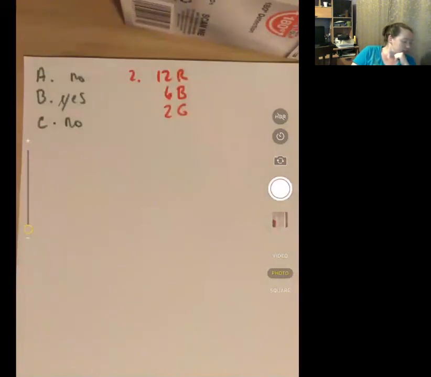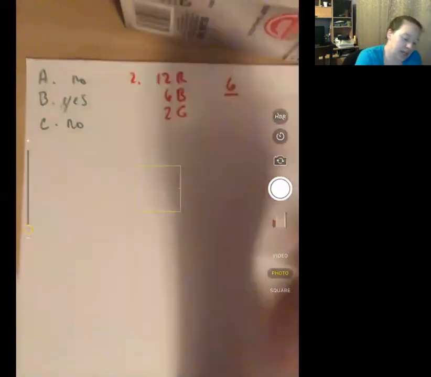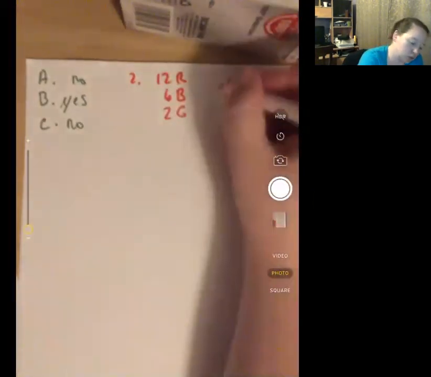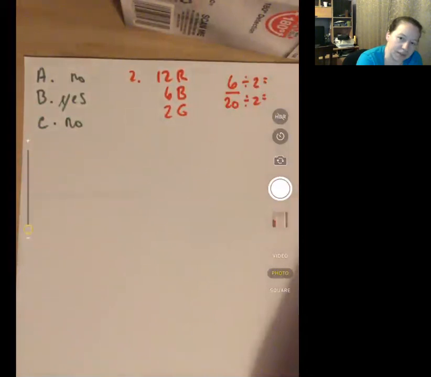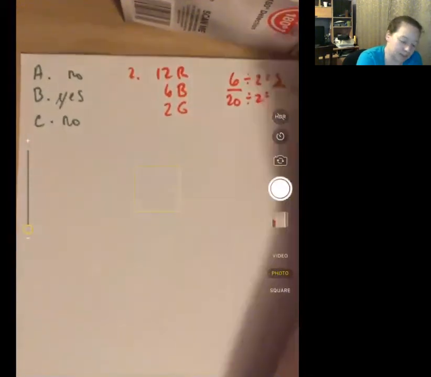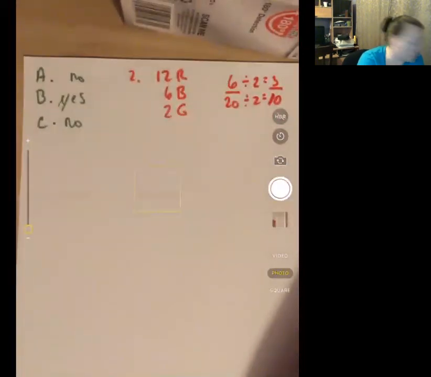A, the probability of randomly selecting a blue marble is 1/6. Okay, so there's 6 blues out of a total of 12 plus 6 is 18, plus 2 is 20. We can divide out a 2. 6 divided by 2 is 3. 20 divided by 2 is 10. 3/10 is 3/10, not 1/6. Nope.